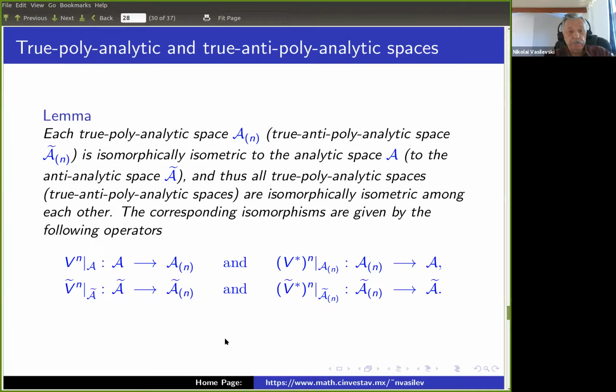And again, our partial isometries say that all true polyanalytic and all true anti-polyanalytic spaces are isomorphic, isometric among each other. And our partial isometries, V and V tilde, give the corresponding isomorphism with the initial space of analytic and anti-analytic functions.